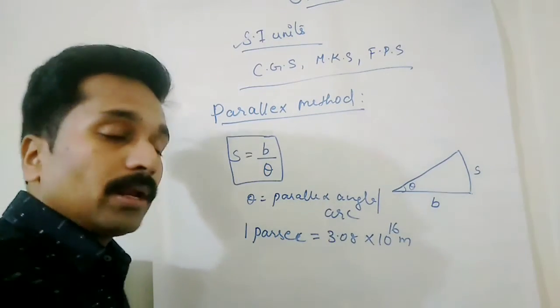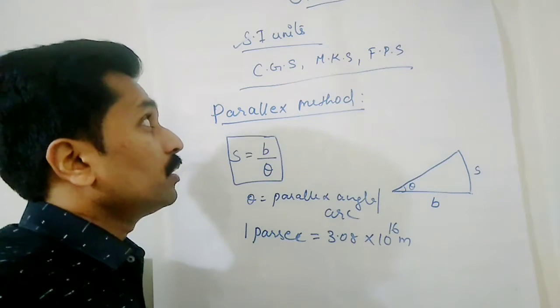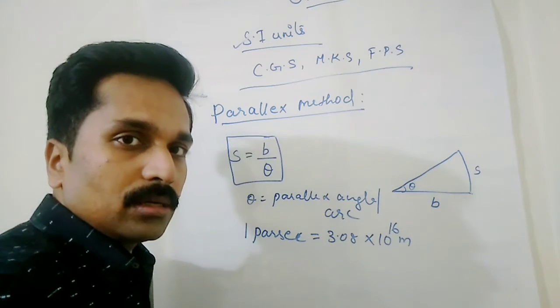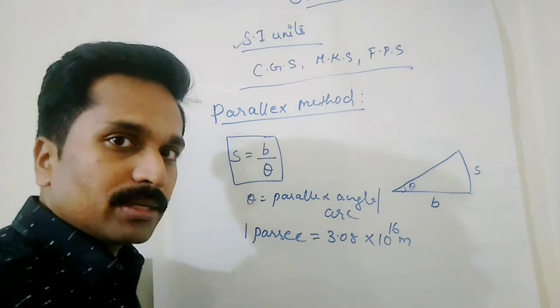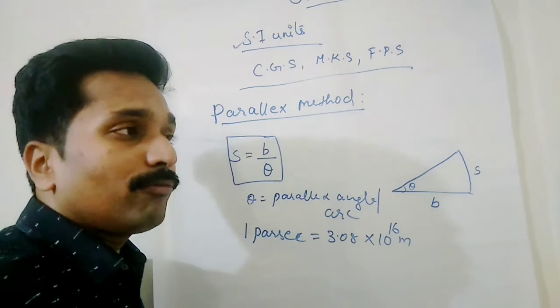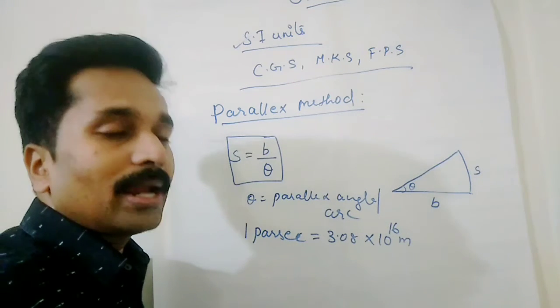So once again we will recapitulate. Today we revised the old topic regarding the four different types of units: CGS, MKS, FPS and the SI unit. And we found two other examples, the astronomical unit and the light year.